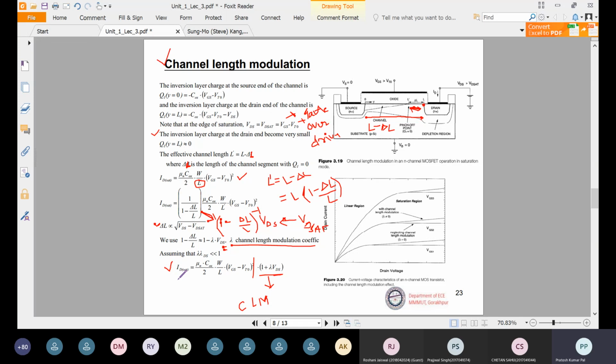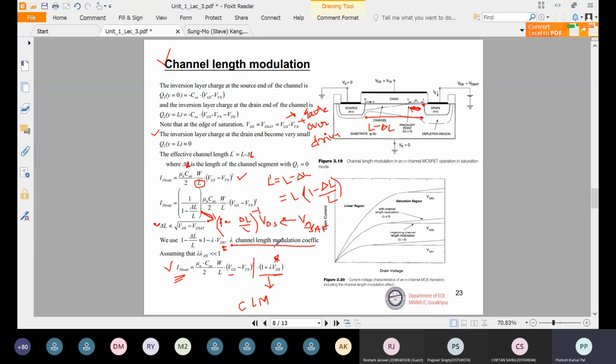And here one thing we need to take care of: what we considered earlier, that only this much of expression is required for representing the current in saturation, but after considering channel length modulation, this term will also be added. So we can see the current now has a relation with respect to VGS, and also with respect to VDS. So these two parameters will be affecting it.